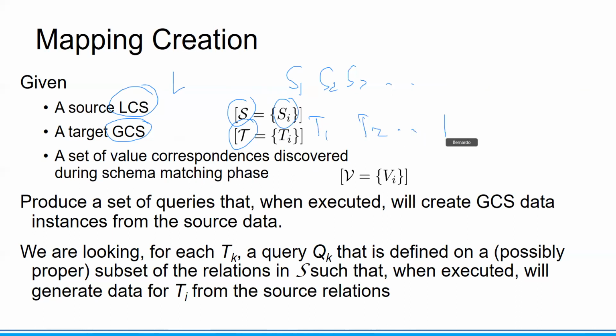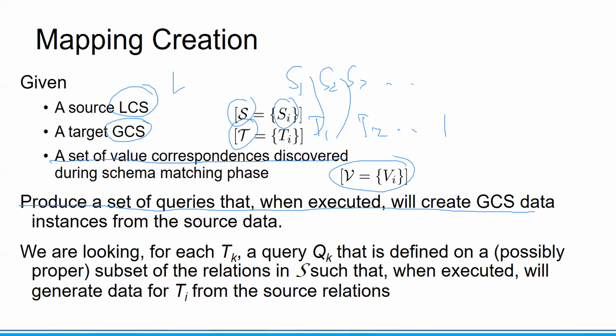And we want to find the value correspondences discovered during the schema matching phase. Here we have a set V, and V is the set of values that correspond or match between S and T. So it produces a set of queries that, when executed, will create the GCS data instances from the source data.